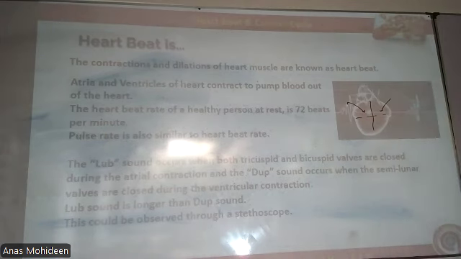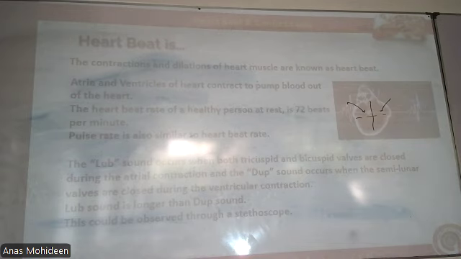A newborn baby usually has a different heartbeat. Sometimes you can feel when you keep your hand over, it's continuously beating. That's usually normal, but there's a level. More than that, if it is continuously happening, you have to go to the doctor and speak out what the problem is.